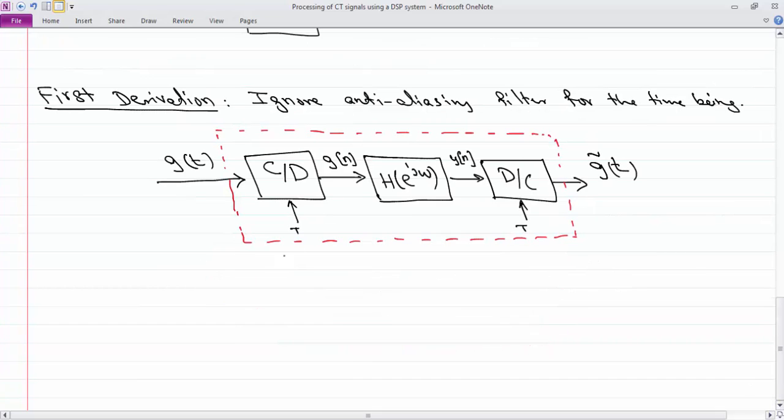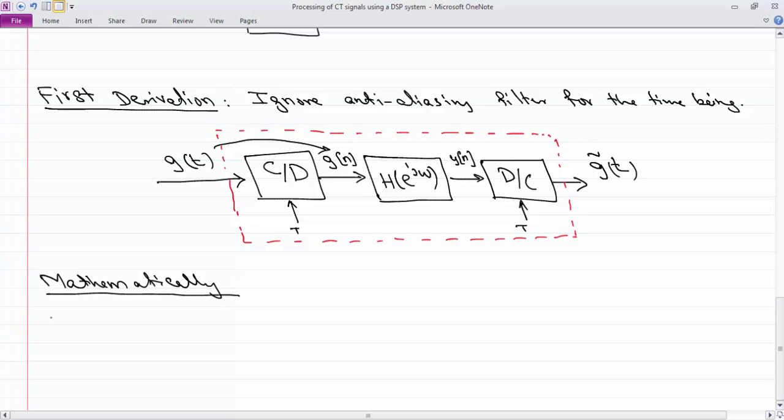So in the previous lecture, we understood what is the relationship of g(t) to g[n]. We understand this relationship. So mathematically we have, and we will derive all of these things in the frequency domain, because that is what will help us relate the DSP system to the continuous time system.